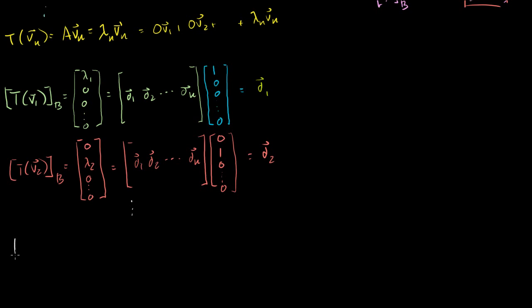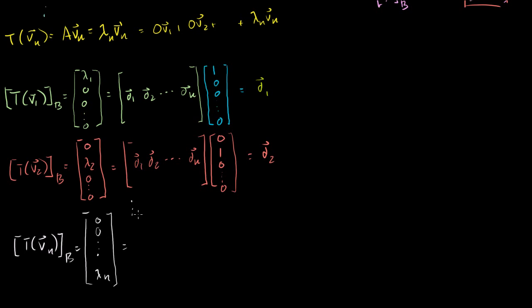The transformation of the nth basis vector, which is also an eigenvector of our original matrix A, or of our transformation in standard coordinates, in B coordinates is going to be equal to what? Well, we wrote it right up here. It's going to be a bunch of zeros. It's 0 times all of these guys plus lambda n times vn.